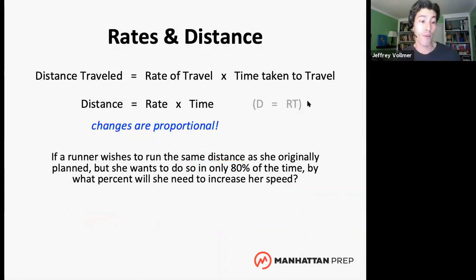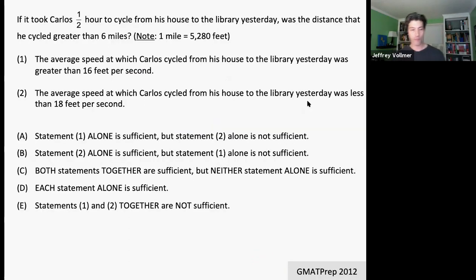Let's talk about a few problems and see how some of this stuff plays a role, and also some other best practices to keep in mind as you're going through these problems. All right, I'll give you a minute and a half, 2 minutes to take a look at this one.